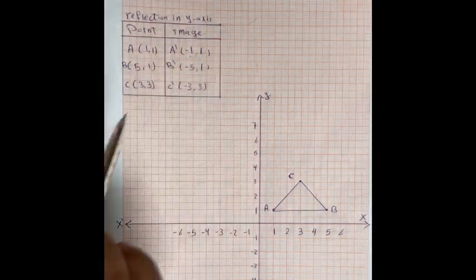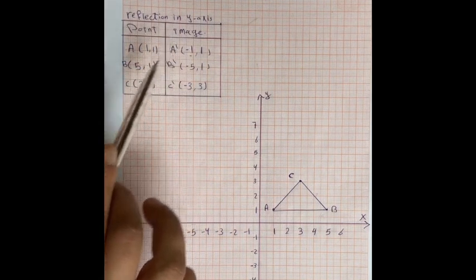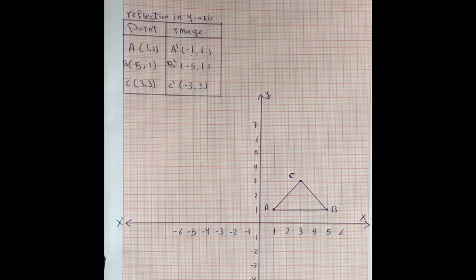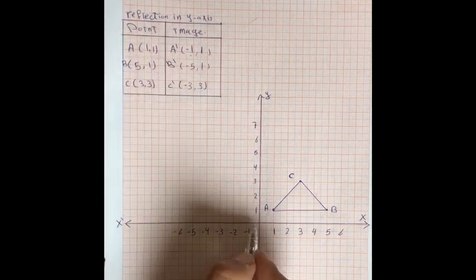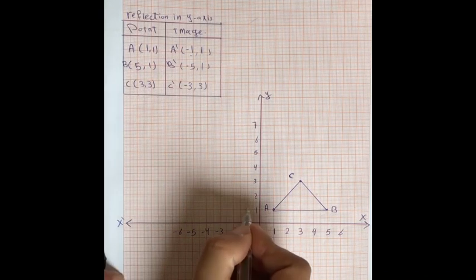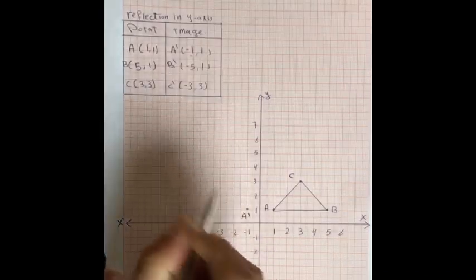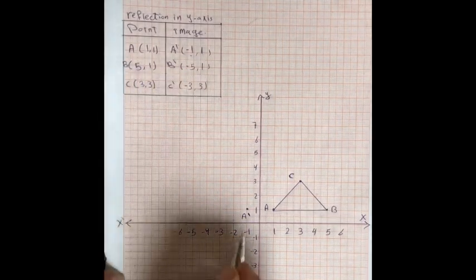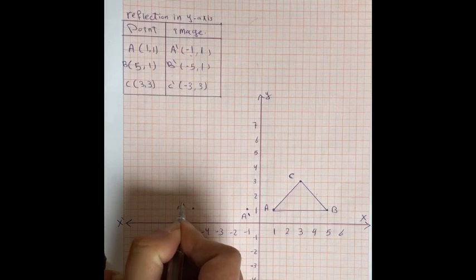After that, we draw the images of the triangle ABC, which are A dashed, B dashed, and C dashed. So first, A dashed, (-1, 1), -1 on the x-axis and 1 on the y-axis, that's the point A dashed, the image. (-5, 1), that's point B dashed.